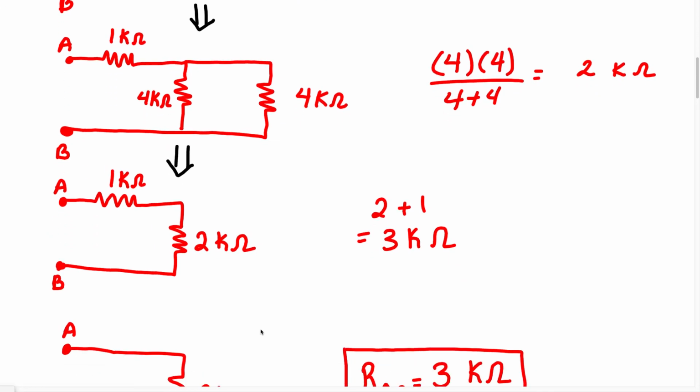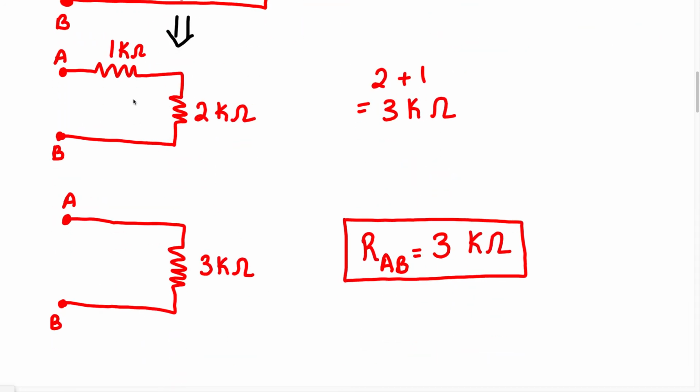Finally, we noticed that we only had one more step to go, and that was adding these two resistors that were in series to give us our total equivalent resistance looking through the terminals A and B. And that gave us the answer of 3 kilo ohm. Let's do another example.